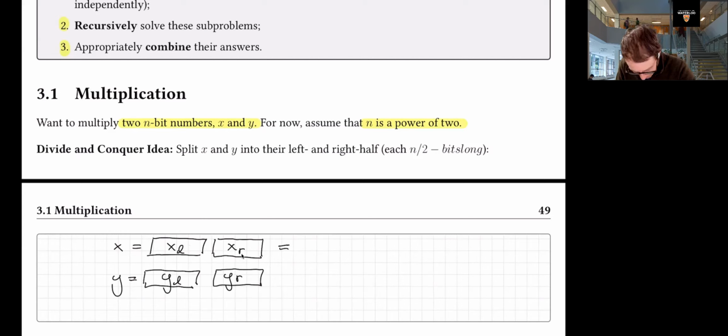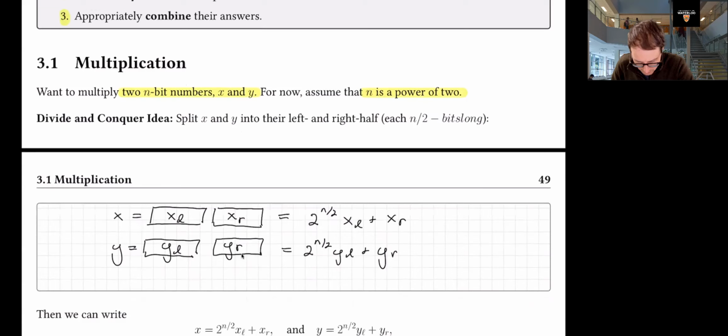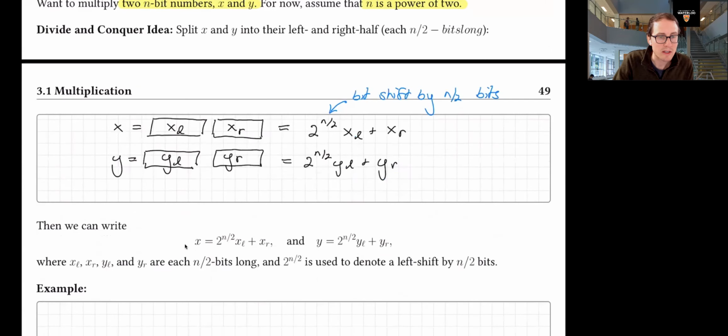And so the overall number is going to look like 2 to the power of n/2 x left plus x right, and likewise for y, where this 2 to the n/2 is a bit shift by n/2 bits. And so that's what I've written here as well.